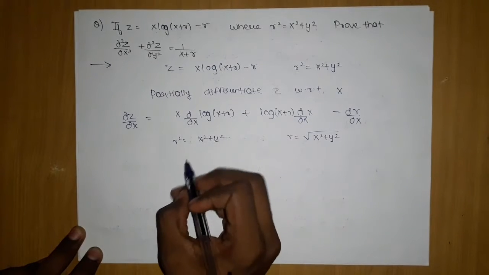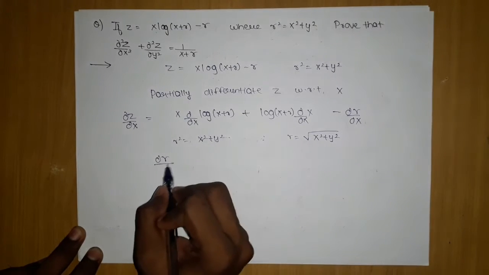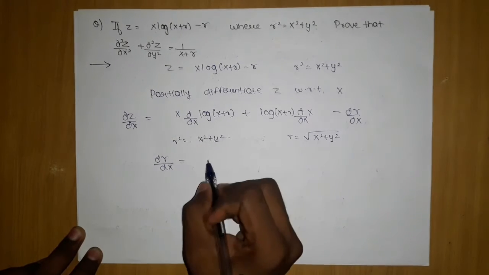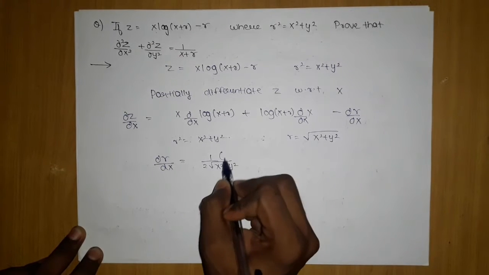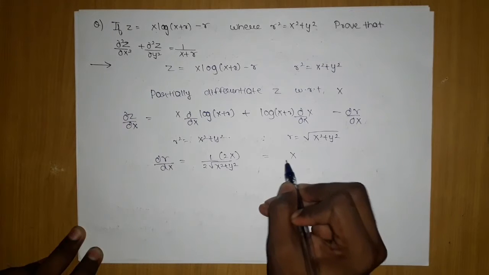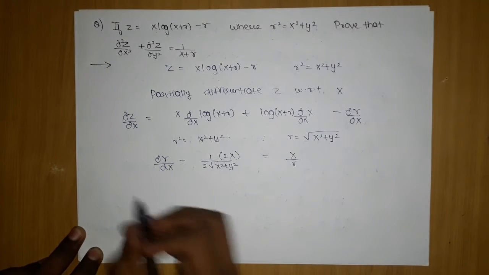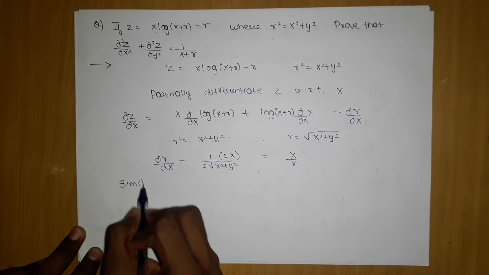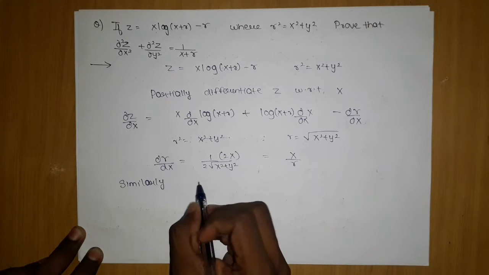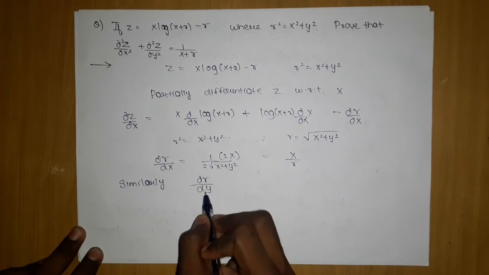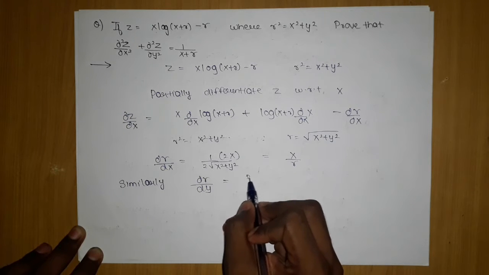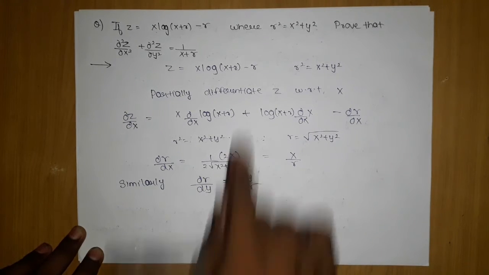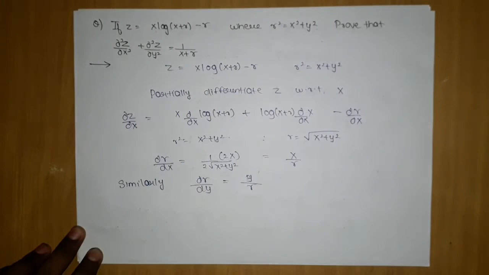Further on, if I differentiate r with respect to x, we get 1 by 2 root of x squared plus y squared, and by chain rule it will be 2x, giving me x by r. Similarly, there will be a point where we require ∂r/∂y, which will be nothing but y by r, since the function is symmetric.